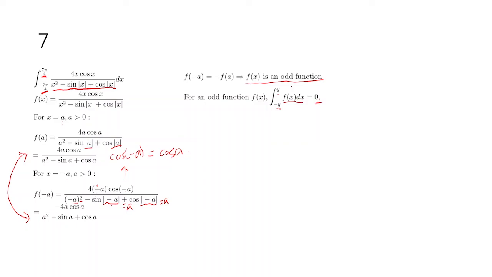So we can just substitute in y is equal to 7 pi over 4 and f(x) is equal to this function here, 4x cos x over x squared minus the sine of the absolute value of x plus the cosine of the absolute value of x, which in the end will equal 0.